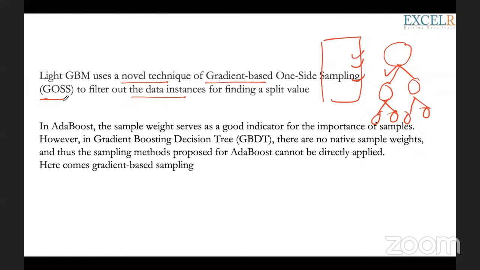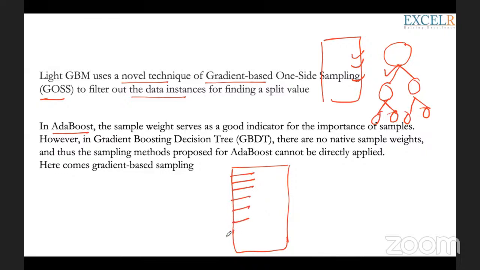So if you recall our ensemble method AdaBoost, AdaBoost uses a methodology called weights. We have seen the other day how AdaBoost works. It gives all the data points weights.